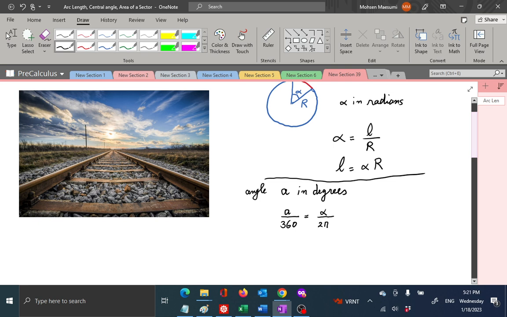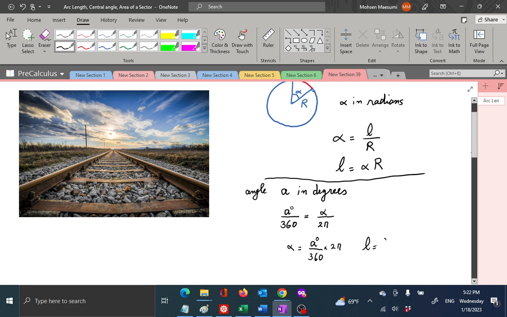So if A is given, what you can do is divide it by 360 to see what fraction of a circle it is, multiply by 2 pi, and that is going to be alpha in radians. This is in degrees, so let me put a little circle next to it so it's clear. And once you have alpha, then you can get your length as we have written here.